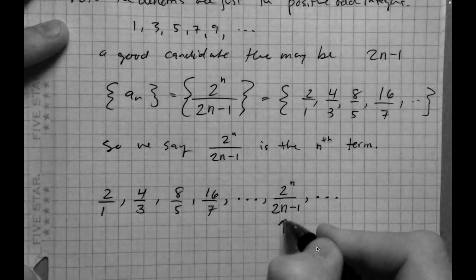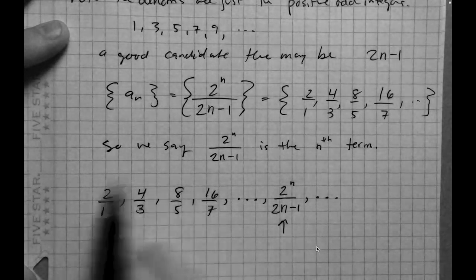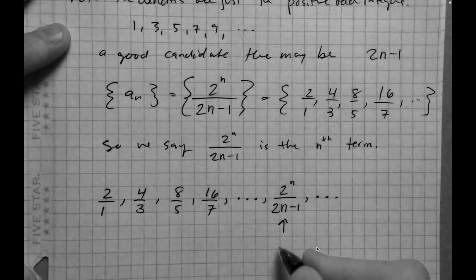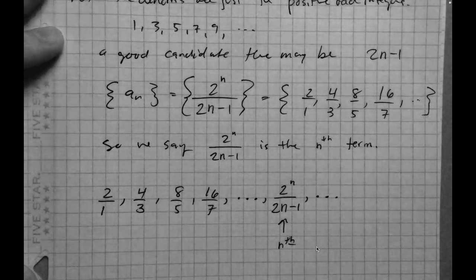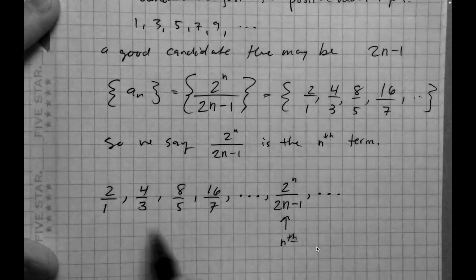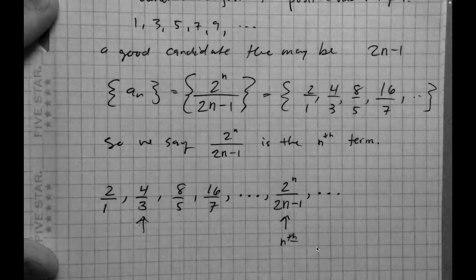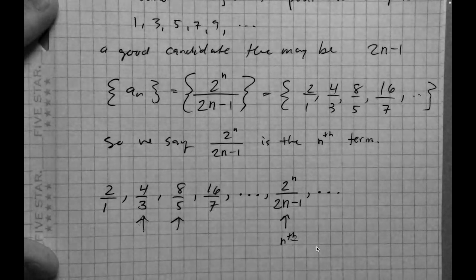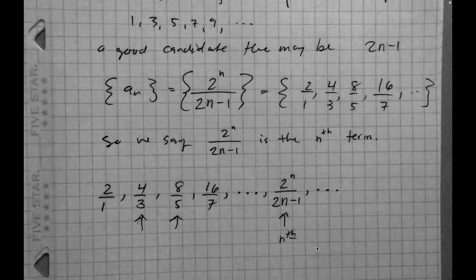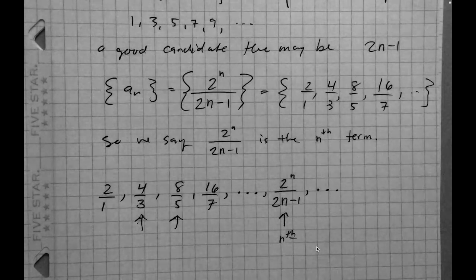It takes the generating principle behind the sequence and explicitly writes it. But you can also think of it as the nth term of the sequence. If n is equal to 2, you plug in a 2, you're going to get this one. If n is equal to 3, you plug in a 3, you're going to get that one. So in general, this would be the nth term, whatever n happens to be.